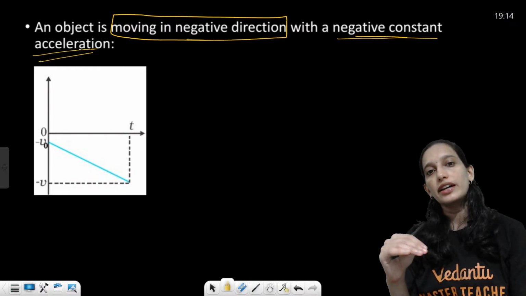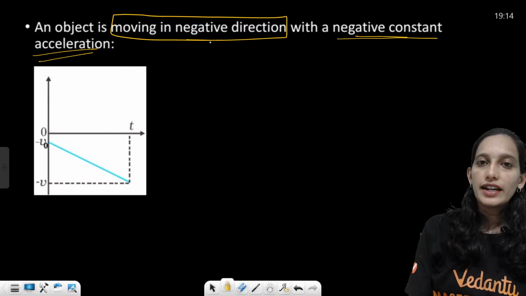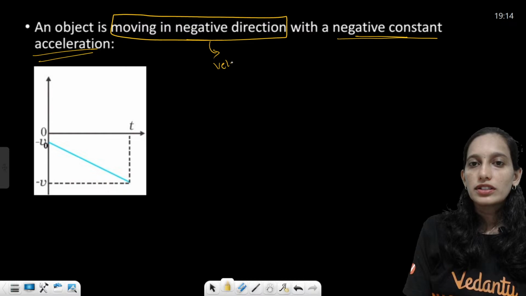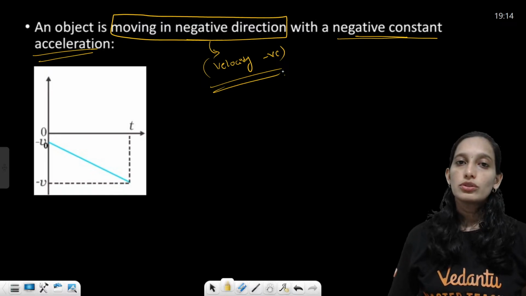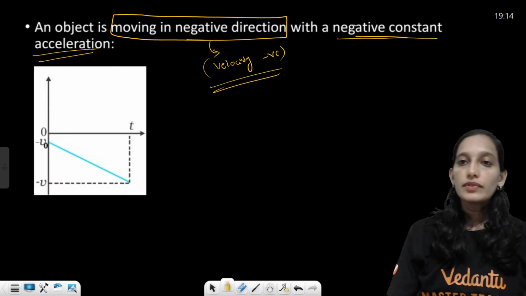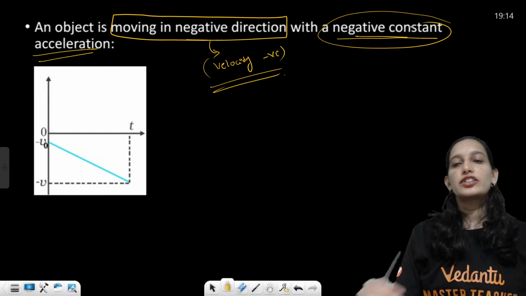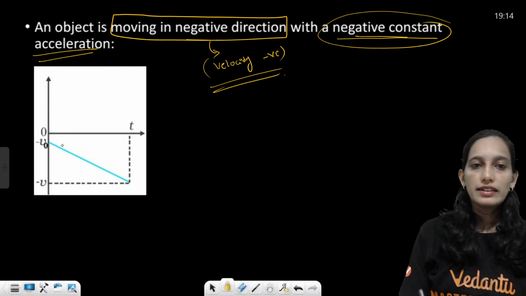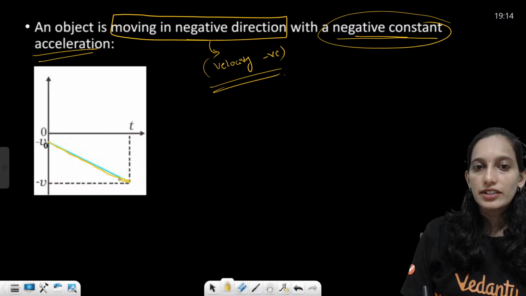Negative direction means velocity is negative. So as the object moves in the negative direction with negative constant acceleration, as time passes the velocity increases in the negative direction.